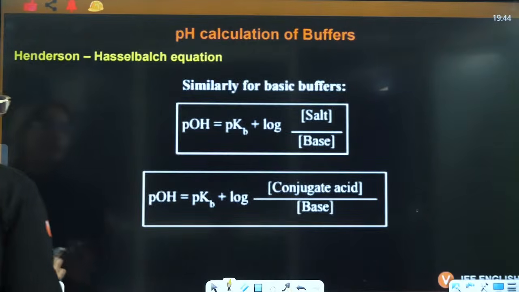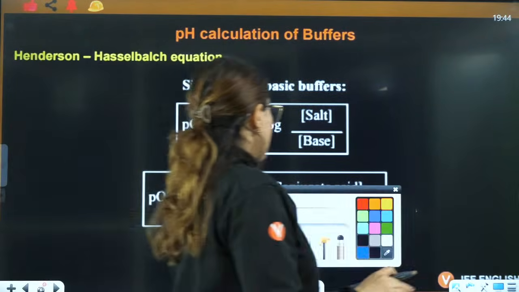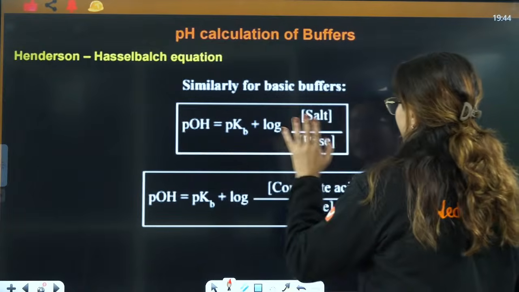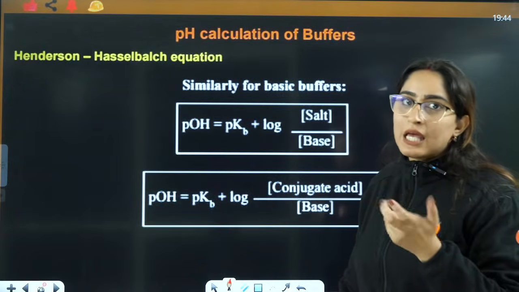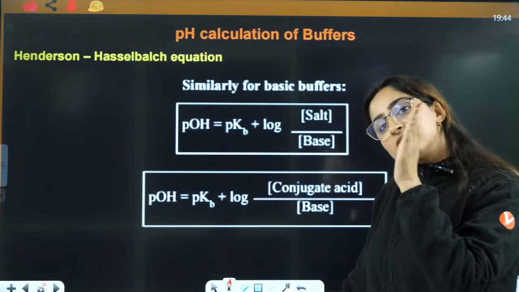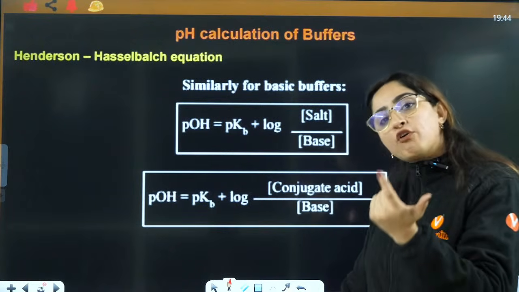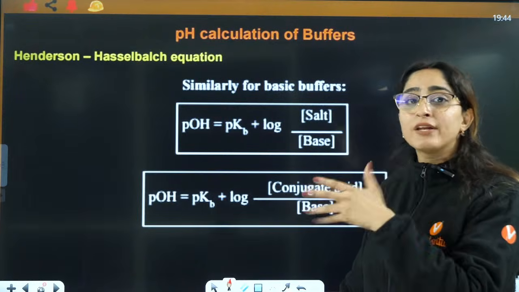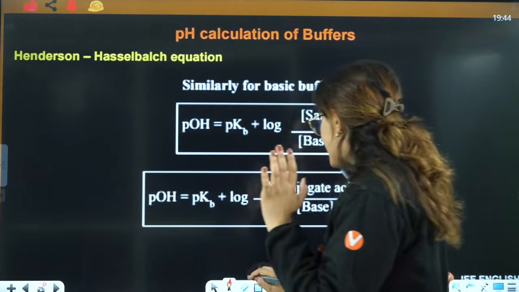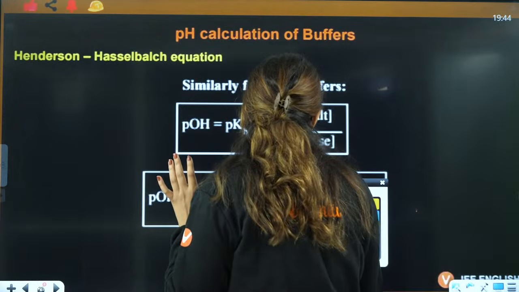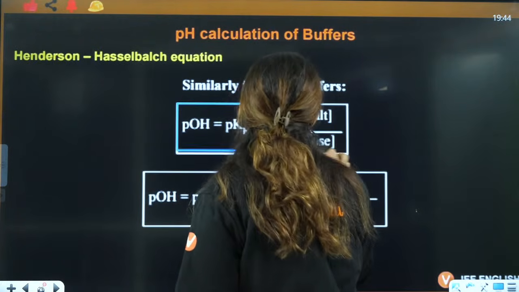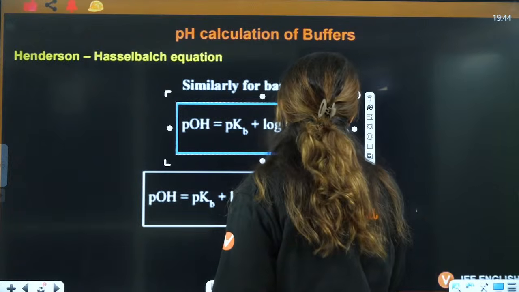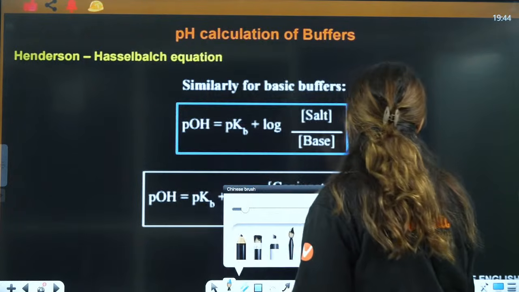Now let's move ahead. For the base, instead of pH there will be pOH, instead of acid there will be salt, and instead of Ka there will be Kb. Everything else is the same here, but here you are calculating pOH. And what will be pH?